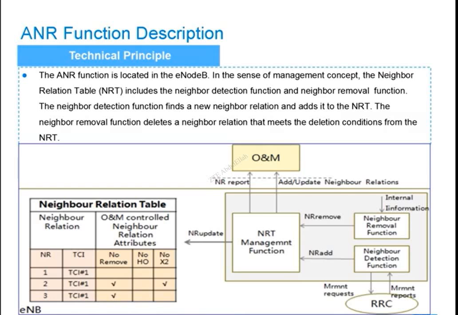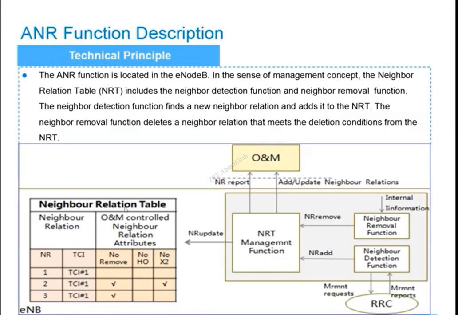So let's see this picture. The O&M, that is the OMC, delivers the strategy to the eNodeB side. The eNodeB side maintains the NRT, this table. This NRT table includes two parts: one is the neighbor relation, and the other is the neighbor relation attributes.